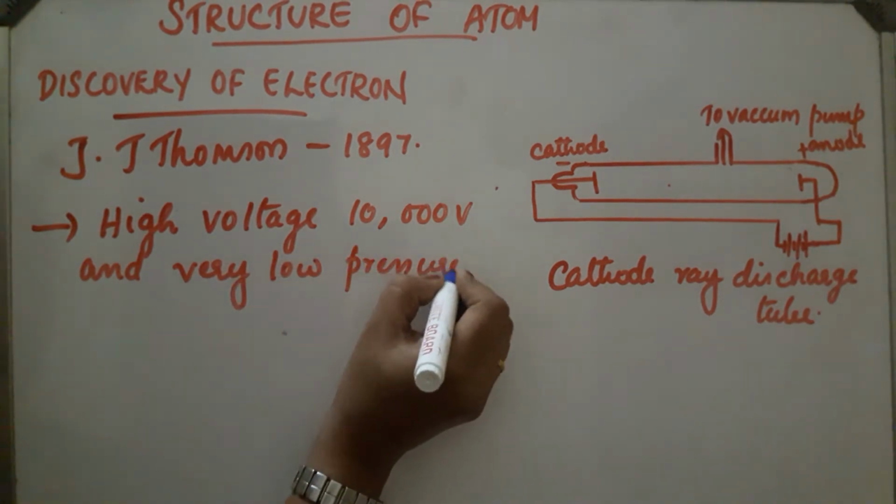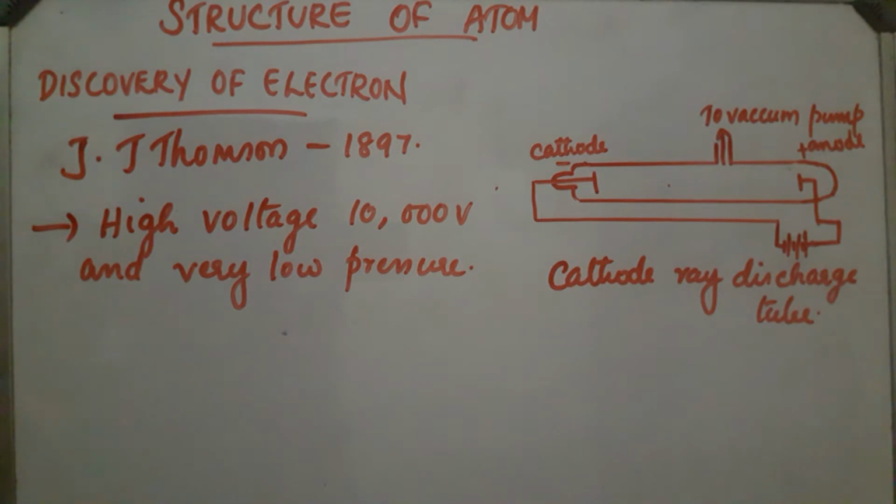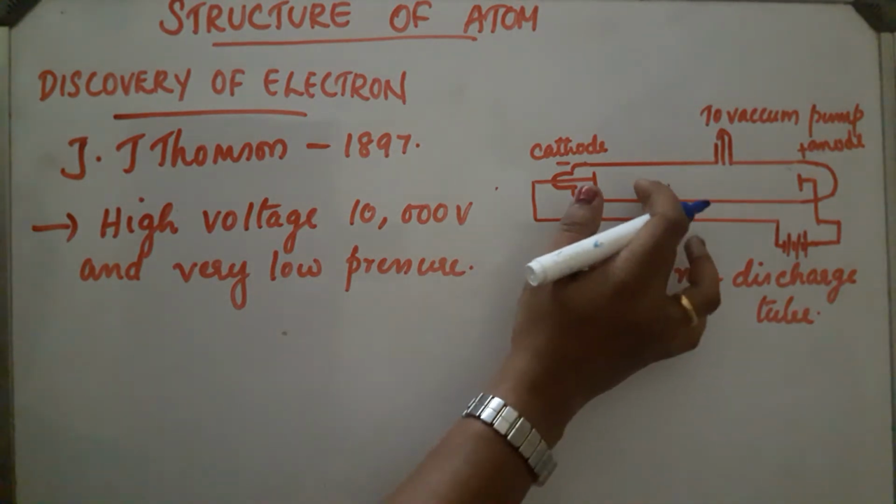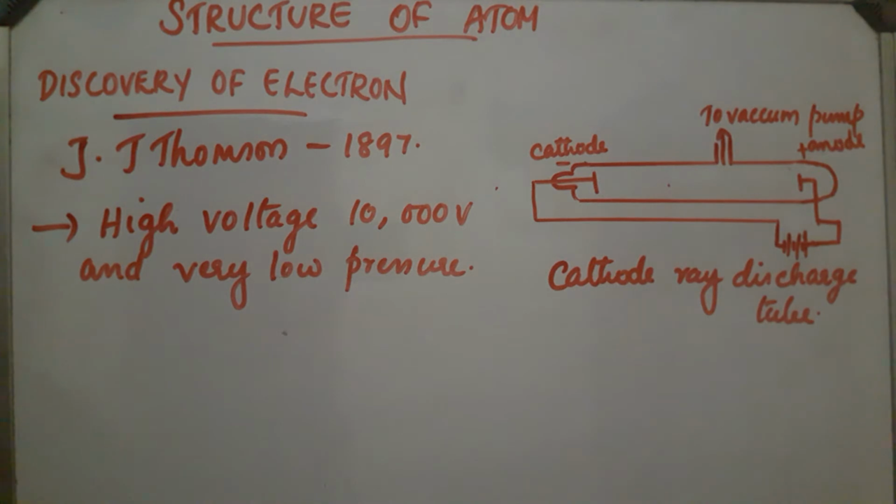When the experiment takes place, current starts flowing from cathode to anode, the gas gets ionized as a result of this passage of current, and a stream of particles is seen to flow from cathode to anode.